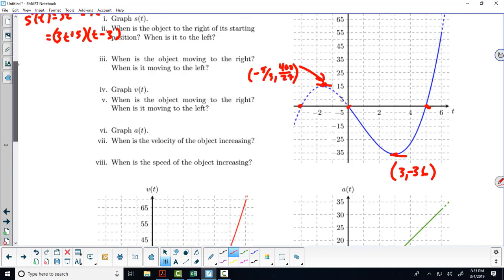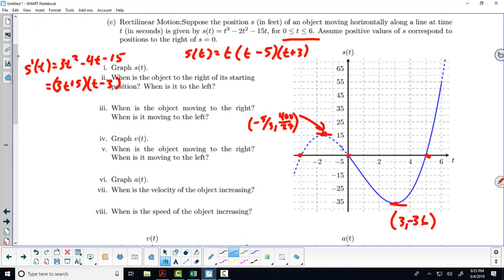So let's go ahead and return to this function right here, and let's answer these first 2 questions. When is the object to the right of its starting position? Yeah, so the object is to the right of the starting position when its s of t values are positive.